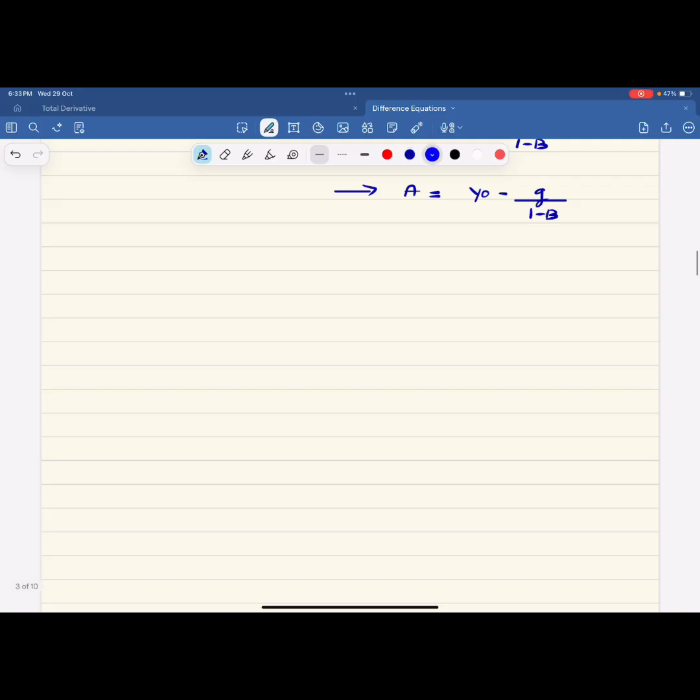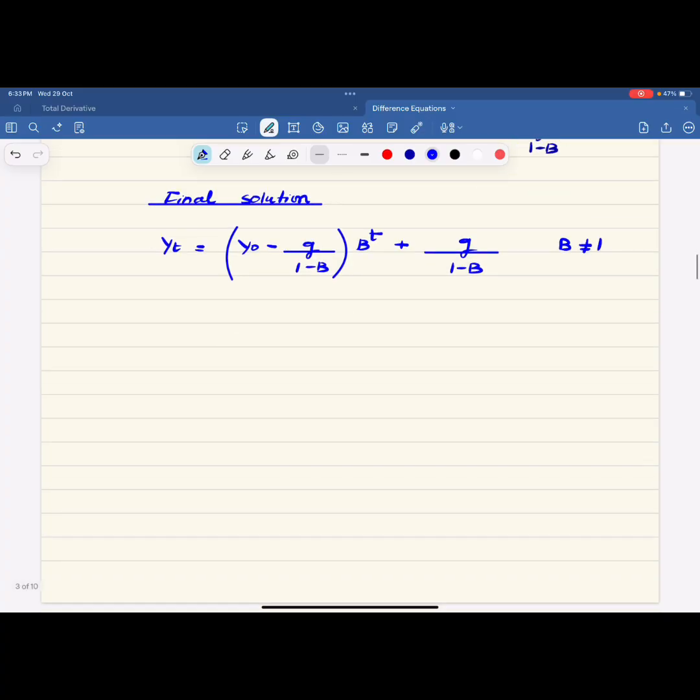Hence now we can write our final solution. So the final answer is therefore y_t = (y_0 - g/(1 - β)) β^t + g/(1 - β), where β is not equal to 1.